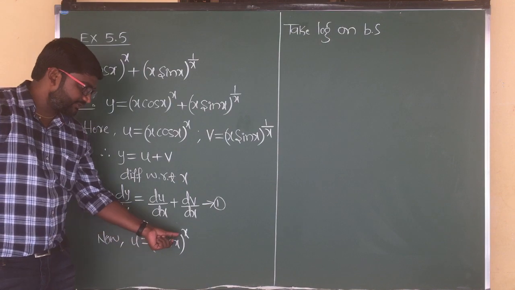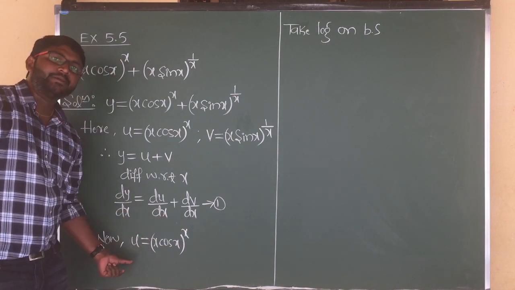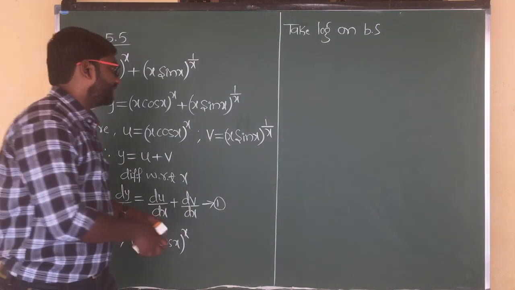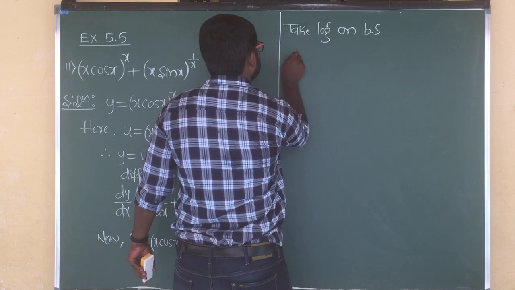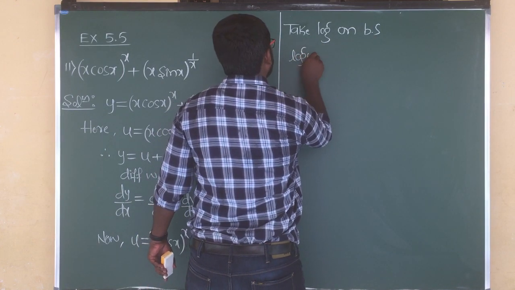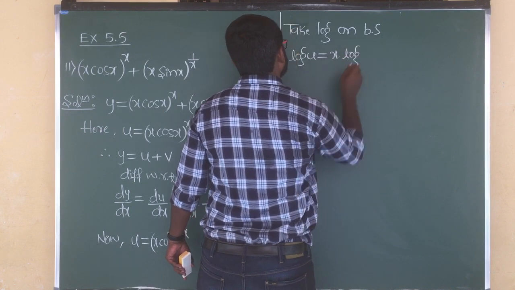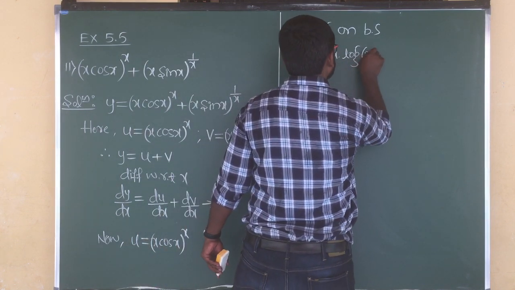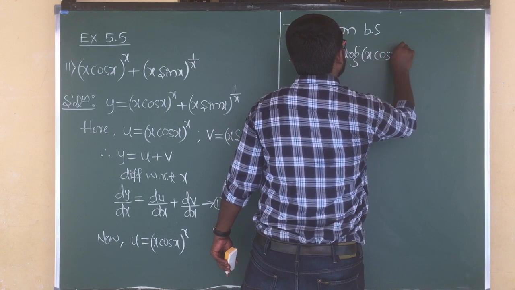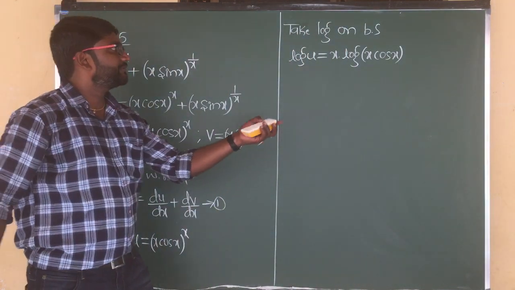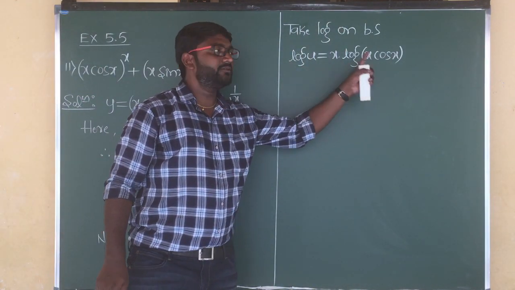If you take log on both sides, this x comes in the beginning. So see here, log u is equal to x into log of x cos x. Now we have to differentiate both the sides with respect to x.